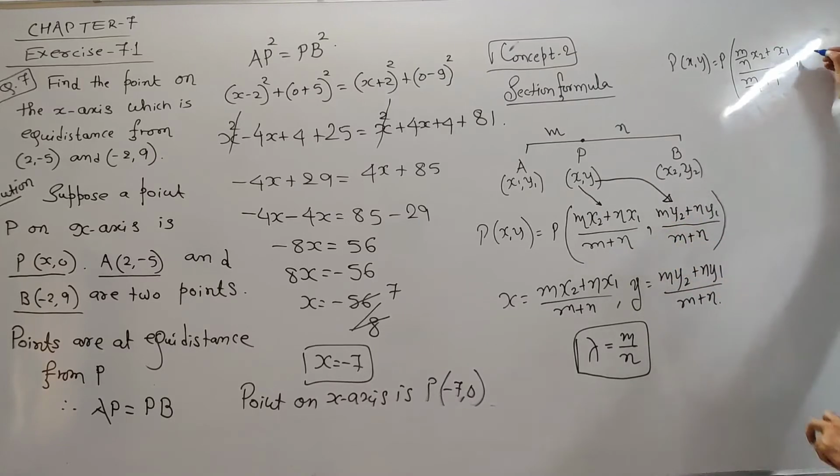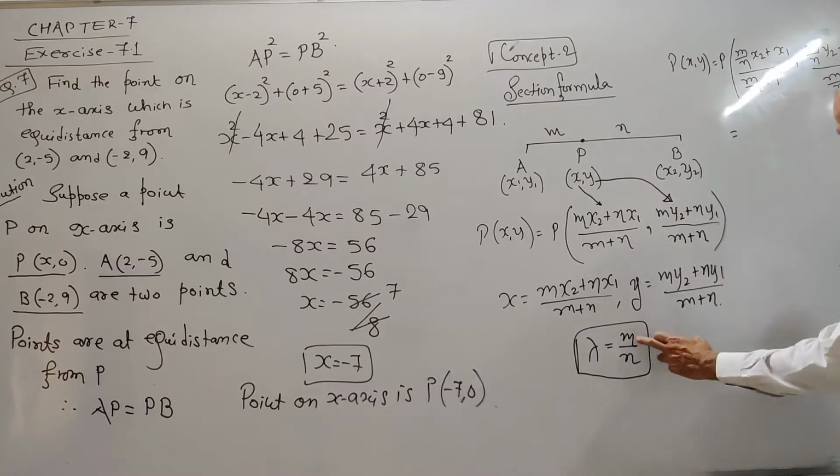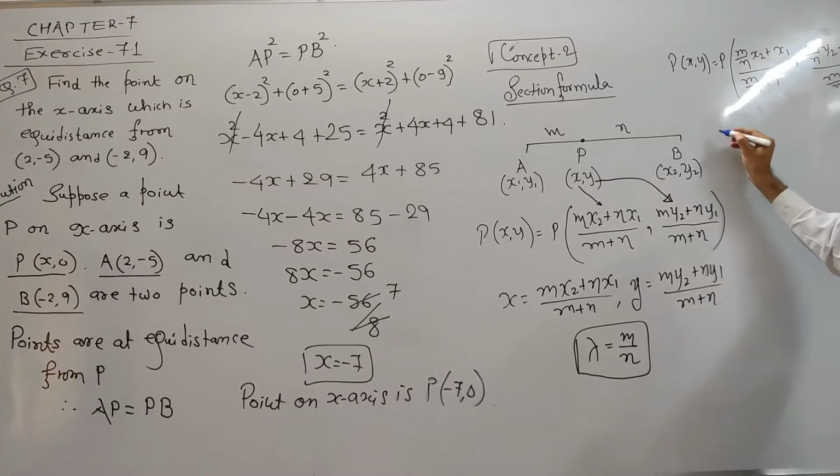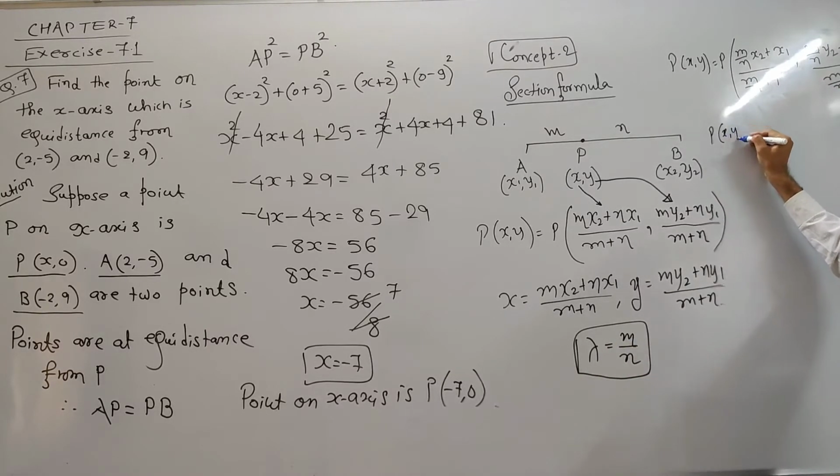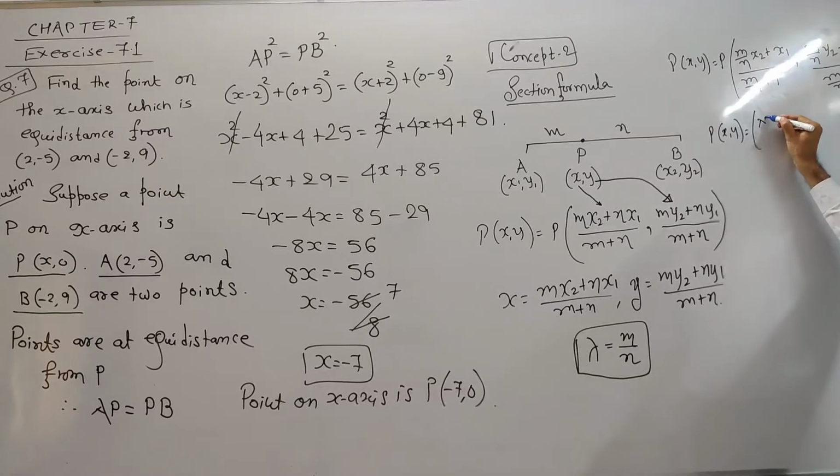Similarly, the y coordinate is (m by n) y2 plus 1 times y1, upon (m by n) plus 1. Here m by n is denoted by lambda. So you can write P(x, y) is equal to (lambda x2 plus x1) upon (lambda plus 1), and similarly (lambda y2 plus y1) upon (lambda plus 1).